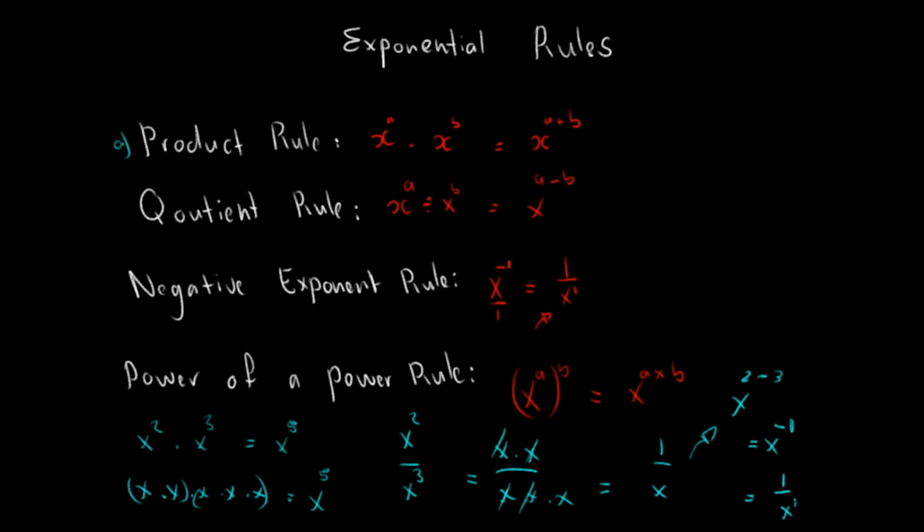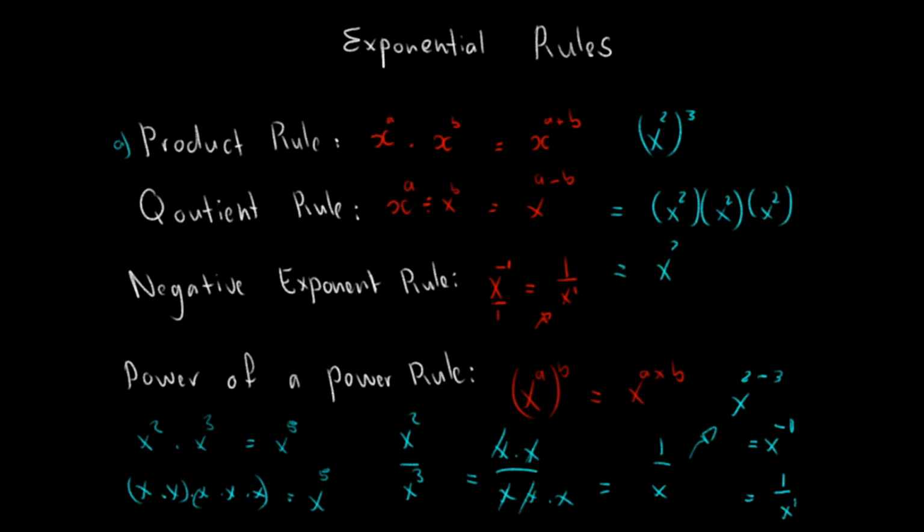So let's look at the final one, which would be power to the power. Well, if I say x squared raised to the third power, this would give me x squared, and x squared 3 times.